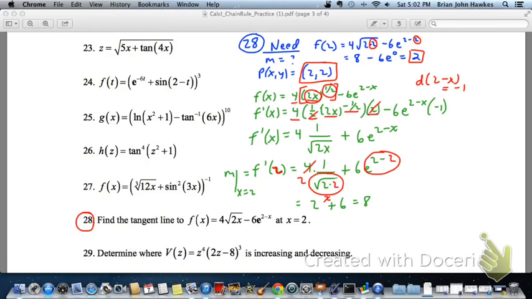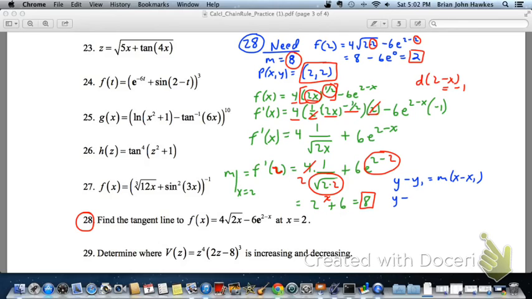So there's our slope. Now that we have our slope, if we go all the way back here, we know that our slope is 8. I'm going to put it right there. Slope is 8, and the point is 2, 2. So all we have to do now is use the point-slope form of a linear equation, which is this guy.